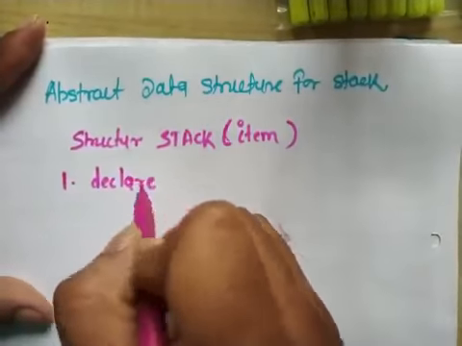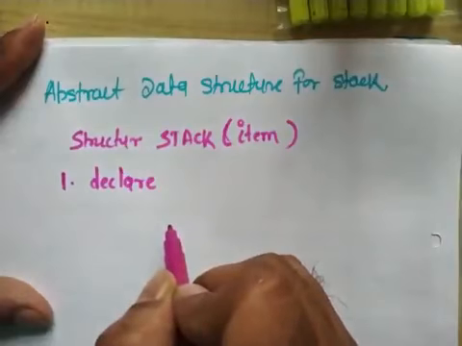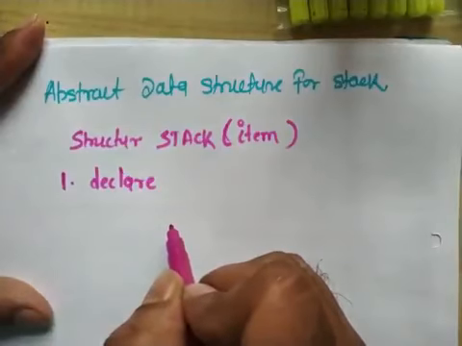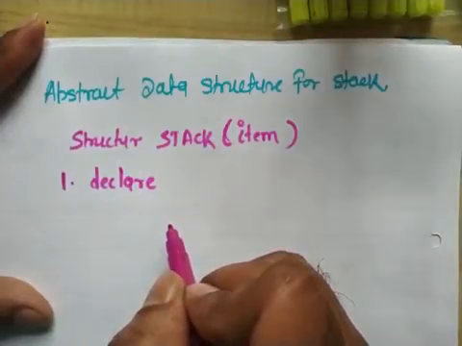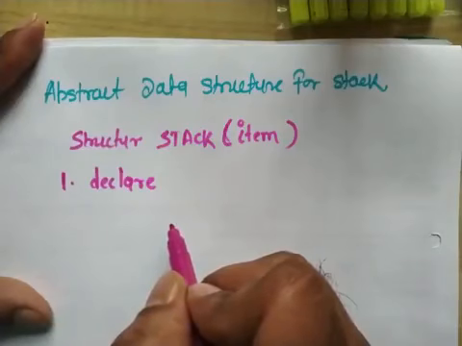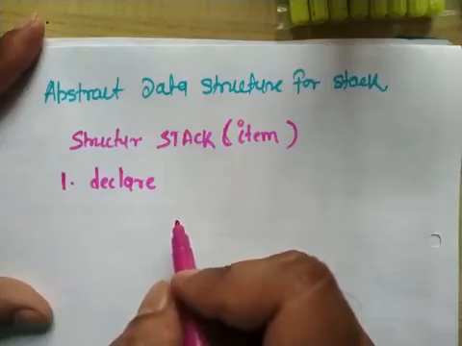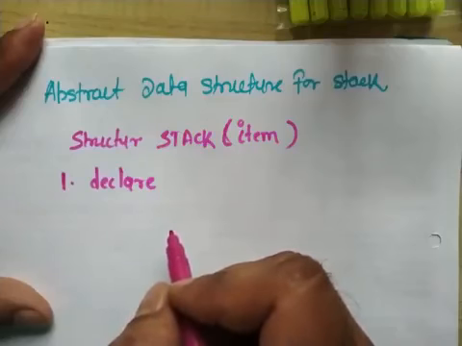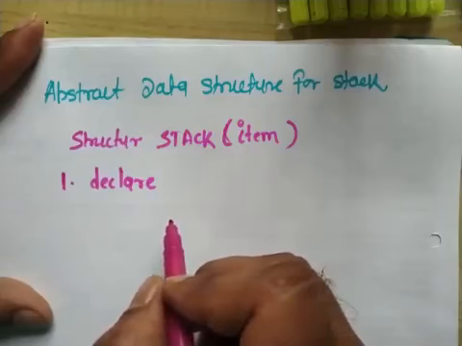Here in declaration we are going to declare the various functions like create, push, pop, top and is empty. And also we are going to declare what type of outcome comes from that particular function.